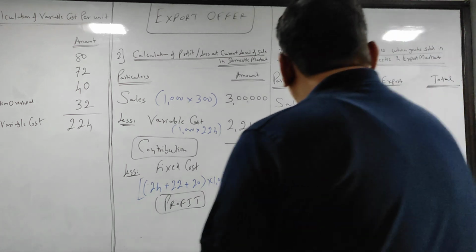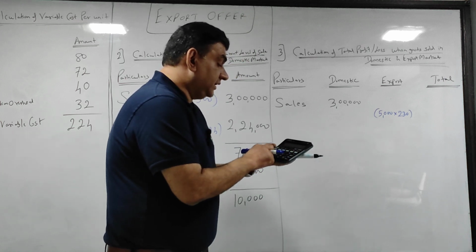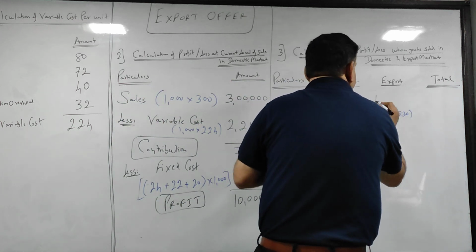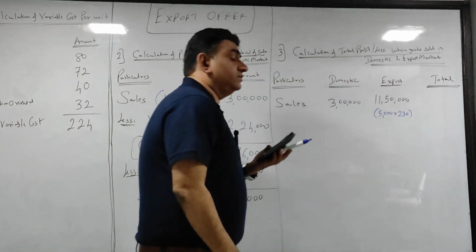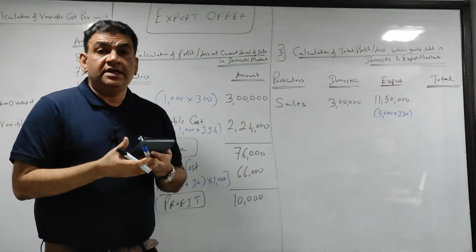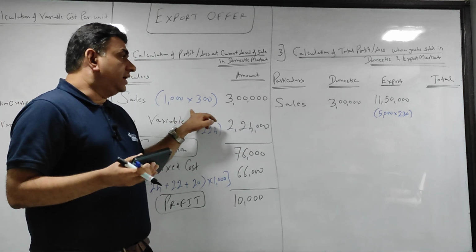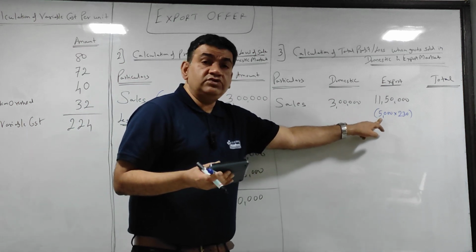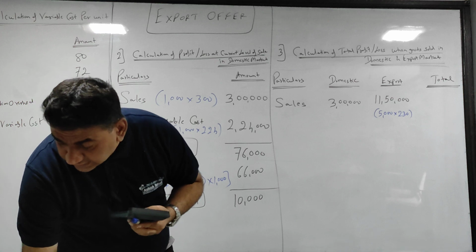Sorry guys, my calculator was outside. So now 5000 into 230, how much? 11,50,000. I'll repeat, my domestic sales is 3 lakh and export, 5000 units I'll sell but at a reduced price of 230.